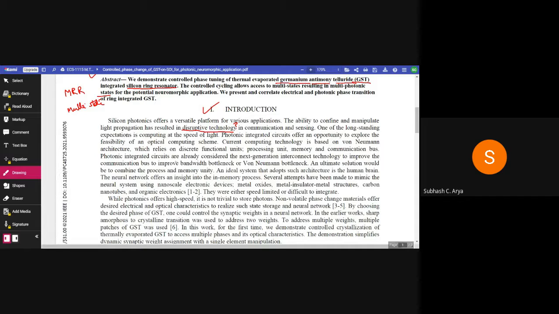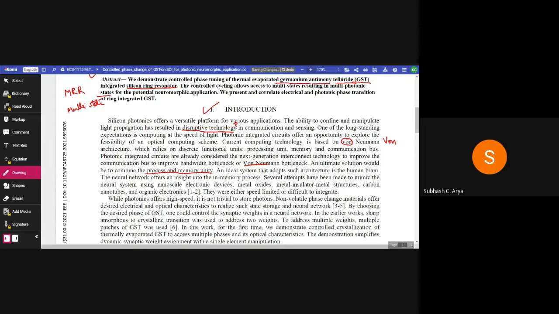Photonic integrated circuits are already considered the next generation interconnect technology to improve the communication bus, to improve the bandwidth bottleneck, or von Neumann bottleneck. An ultimate solution would be to combine the process and memory unit.